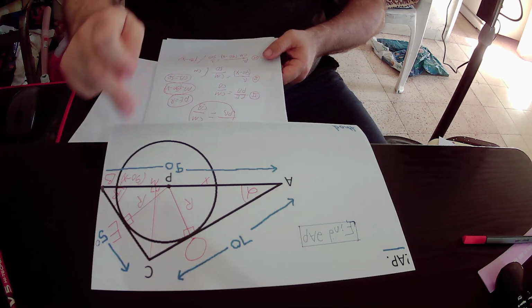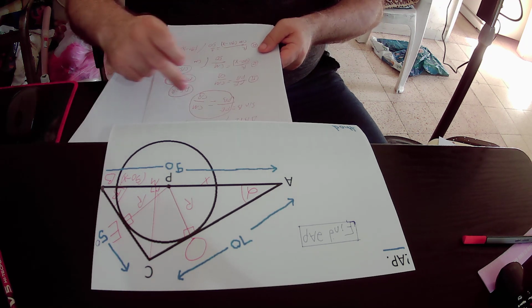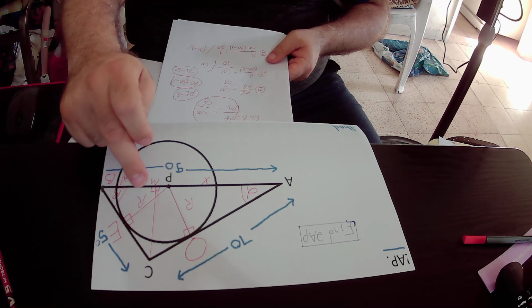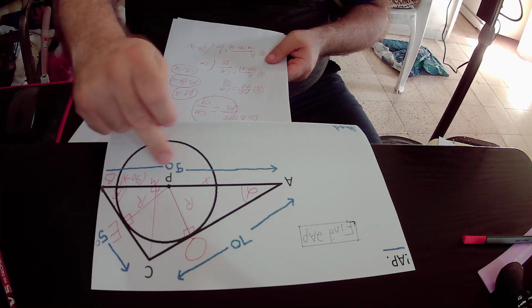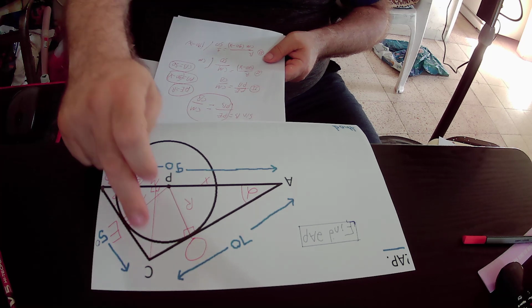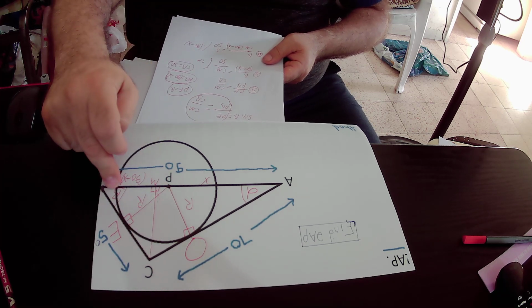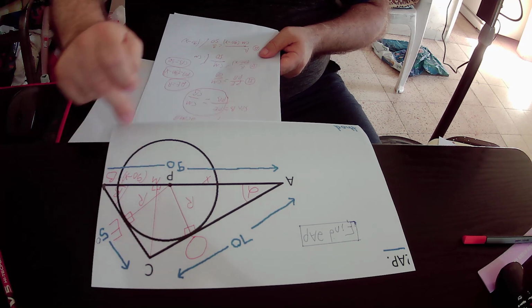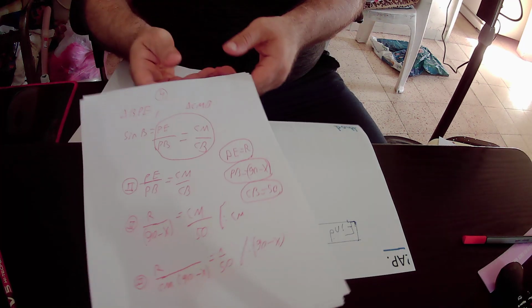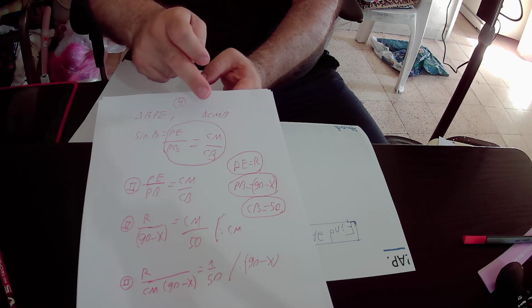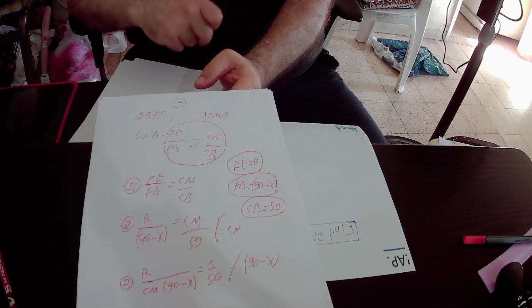And in the right triangle EPB, sine beta equals PE over PB, while in the right triangle CMB, sine beta equals CM over CB. So in total we got that sine beta equals PE over PB, that equals CM over CB.